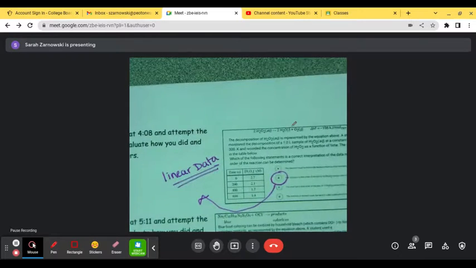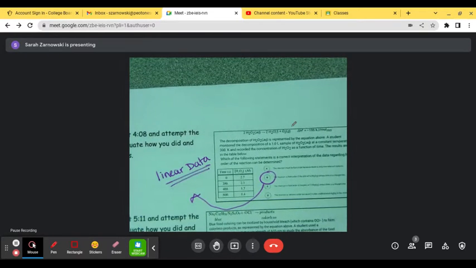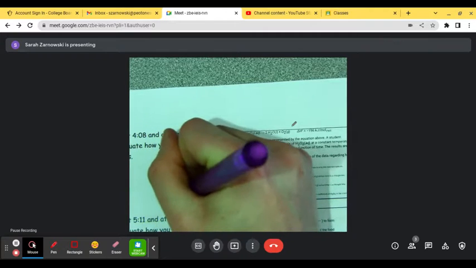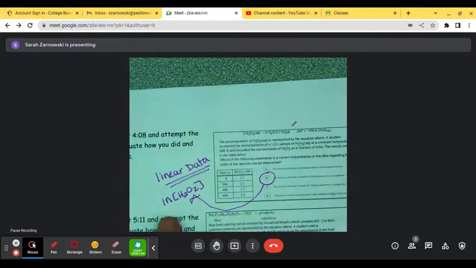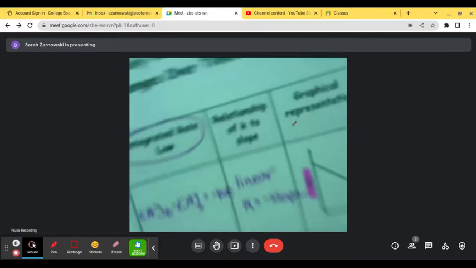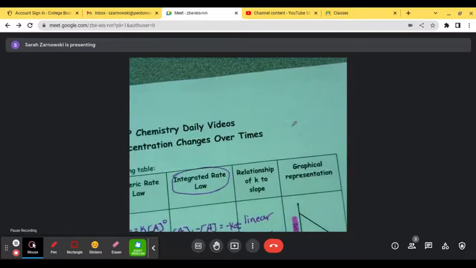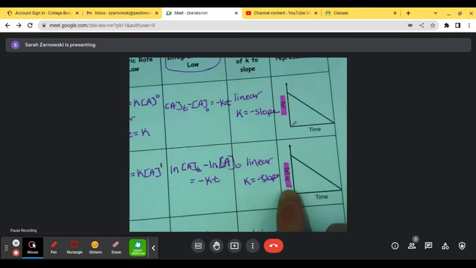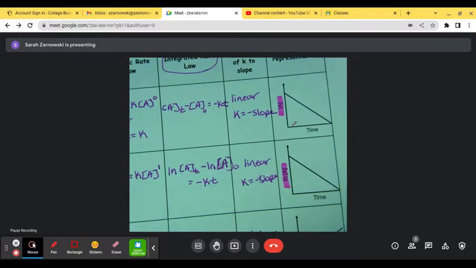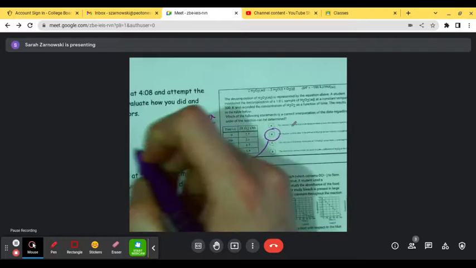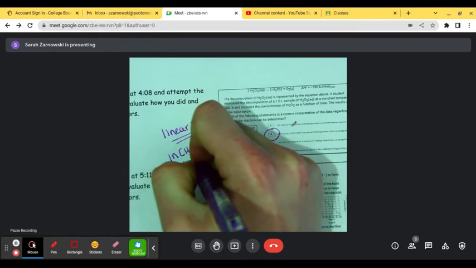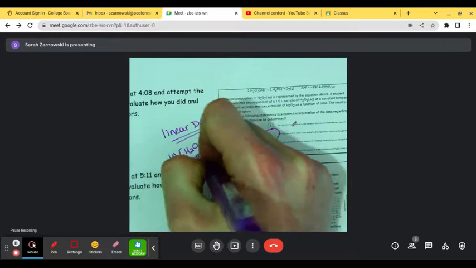And then it talks about how the units are going to be ln of H2O2. And we know that if it's the natural log right here, that means it's going to produce a linear line. So we know that that is going to be a straight line. So that would be the best option.